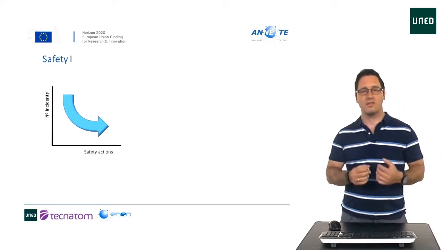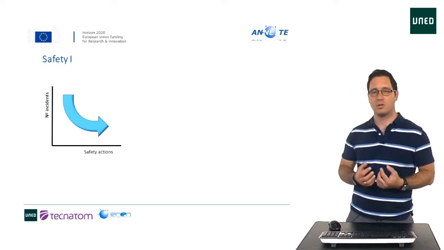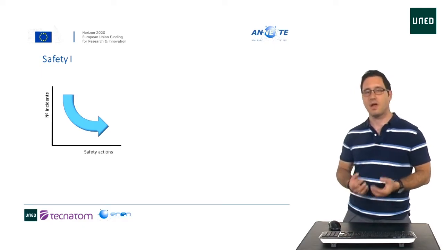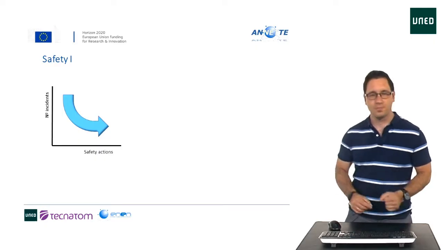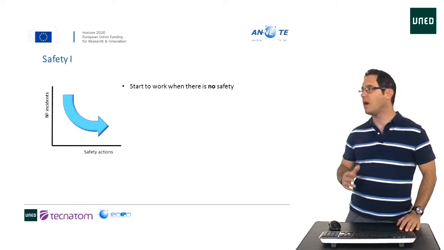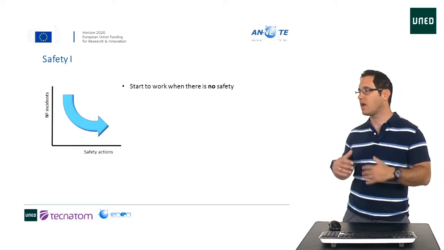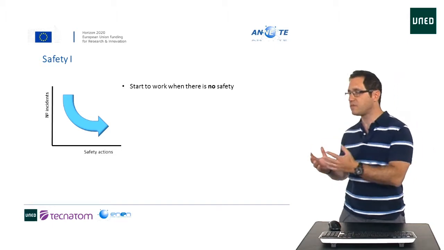So in time we achieve a lower number of cases when the system goes wrong. So the lower the number of adverse events, the safer the system is. From this point of view, we don't start to work until there is a negative outcome, until there is an absence of safety.